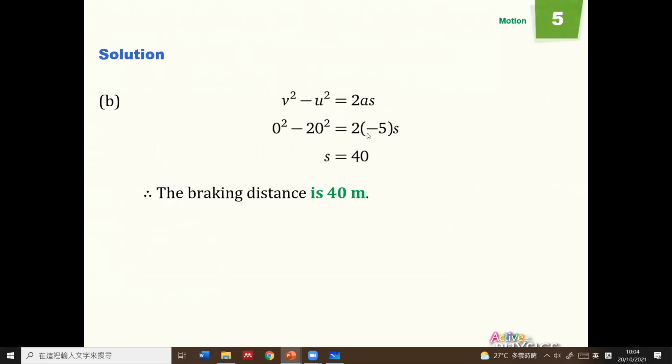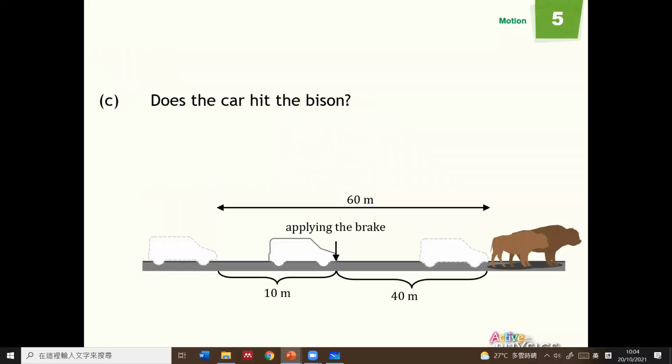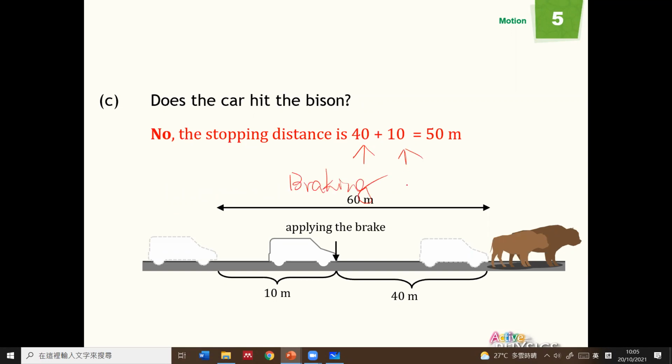You find that S equals 40. So now the stopping distance is braking distance plus thinking distance. So altogether, it takes 50 meters to stop, so it won't hit the cows.